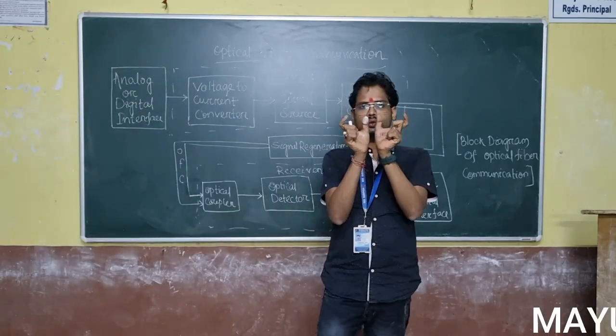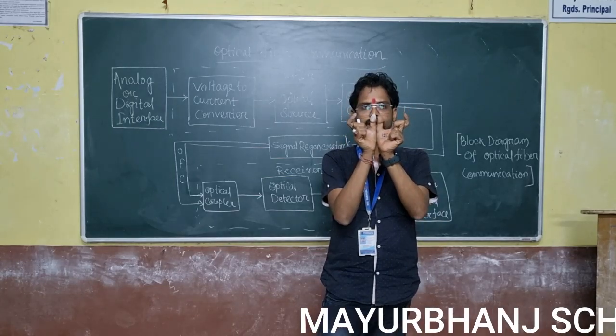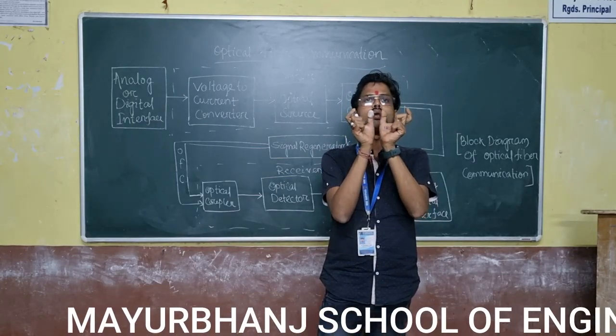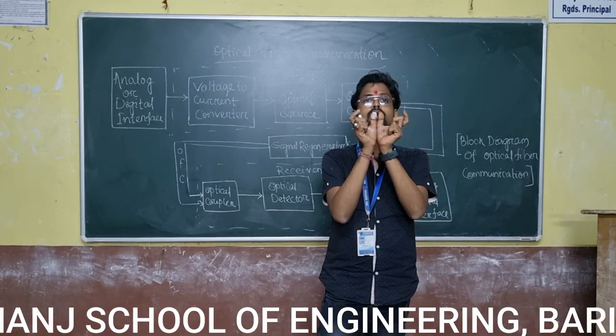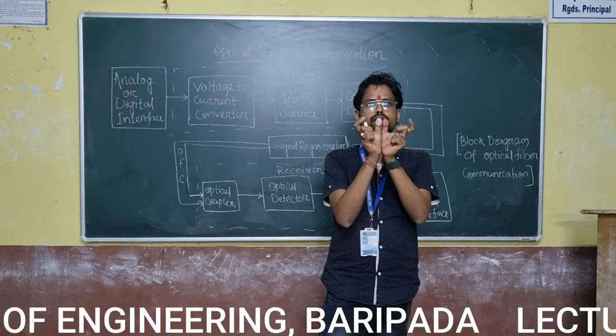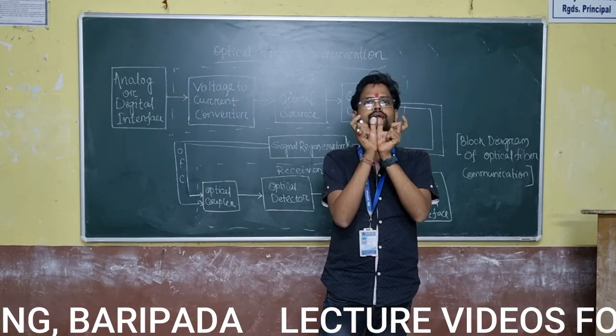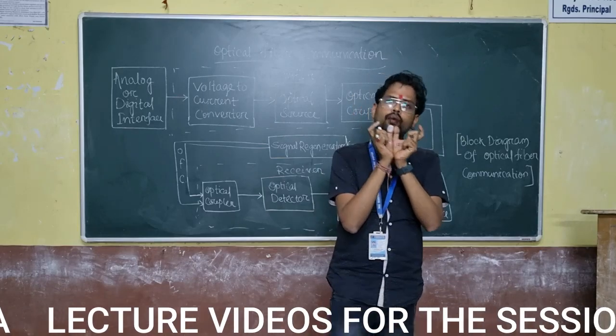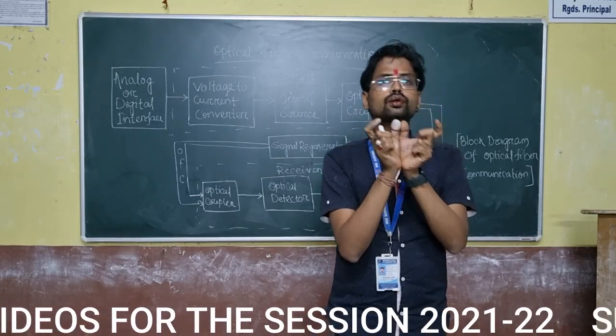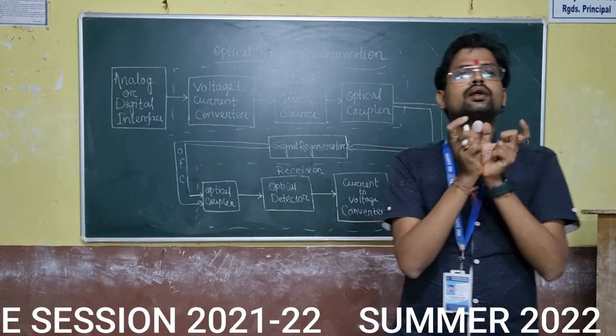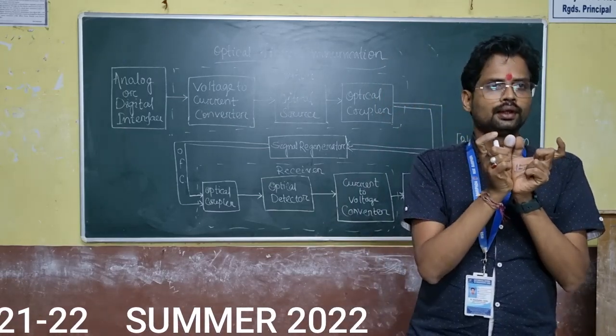So between the optical source and the optical fiber there must be an optical coupler which combines the optical source and the optical fiber cable. Why is it needed? In order to radiate the light through the optical fiber.